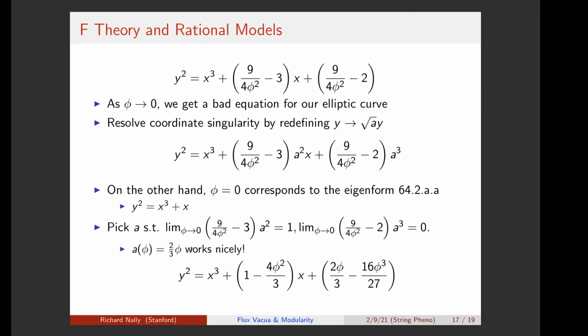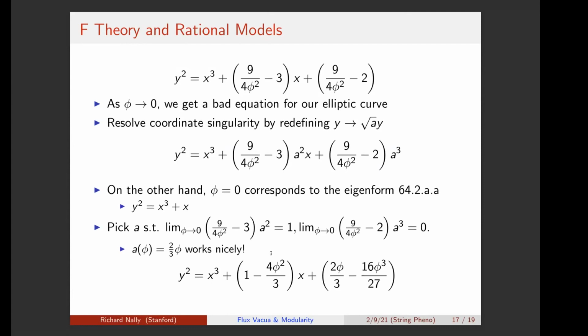And so if you plug in this choice of a of phi to this Weierstrass model, you get a new one parameter family of elliptic curves. It's defined over Q for all rational phi, and moreover, for all rational phi, it has the same J invariant as the modular form associated to the threefold, and it has the right limit.